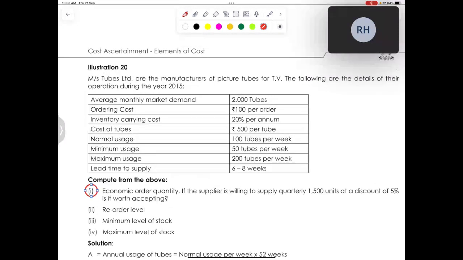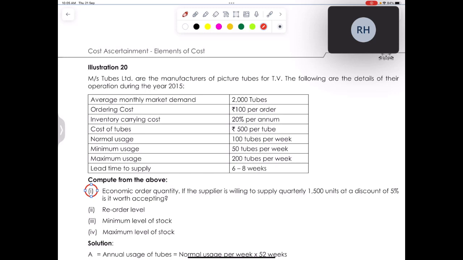Okay, only I require the first point, economic order quantity, and the second point: if the supplier is providing us a discount of 5% with the condition that you have to place a purchase order of 1500 units, whether it would be acceptable or not. So I'm giving you some time, beta, 2 or 3 minutes. Each and every student is requested to first solve this question on their own without referring to the solution given in the study material, and then communicate with others.